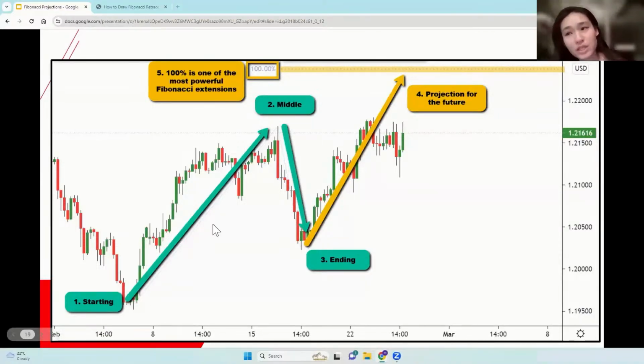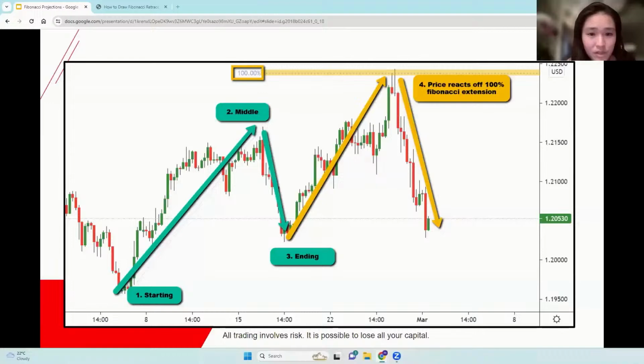The starting point would be here, middle point, and ending point. And we're projecting where prices will bounce off of in the future. In this case, if you have the 78.6, 61.8 levels shown here, you can see that price has already broken out of these levels, and that's the reason why we're projecting it towards 100%. Okay, so let's see how this plays out again. You can see price reversed off of the 100% level nicely.